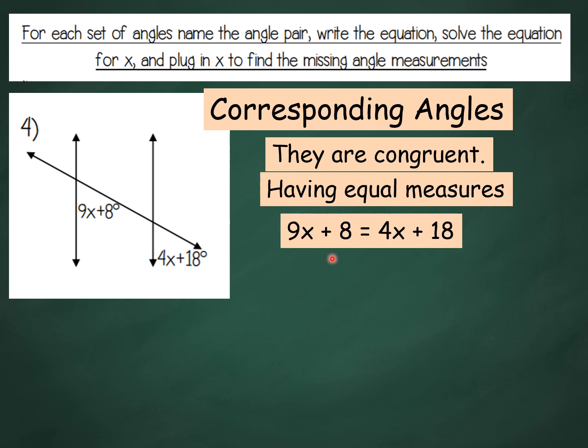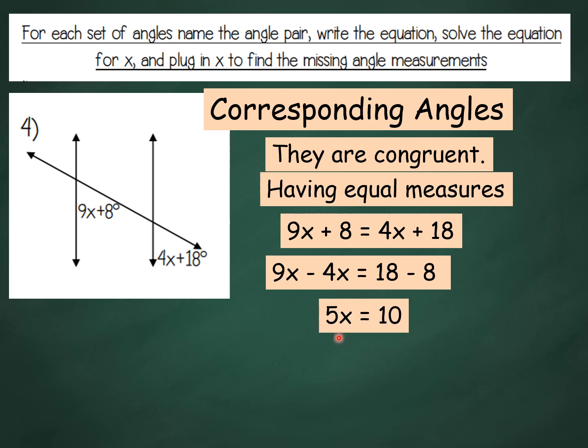So, 9x plus 8 is equal to 4x plus 18. Subtraction property po tayo. So, we have 9x minus 4x is equal to 18 minus 8. Isi-simplify po natin. So, we have 5x is equal to 10. So, divided by 5, makukuha natin yung value ng x which is 2.